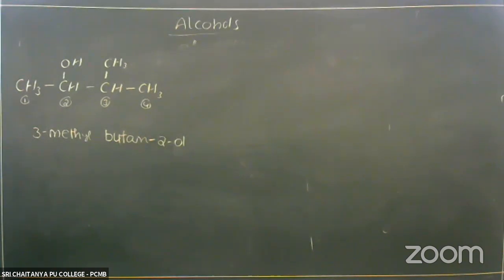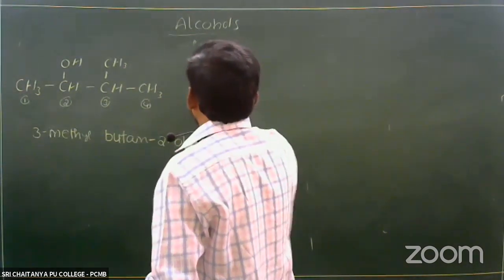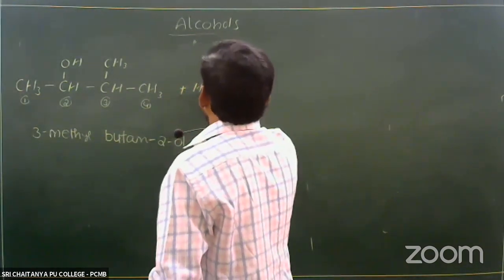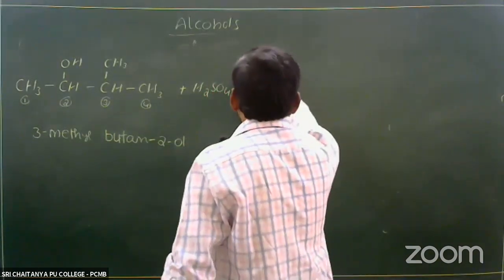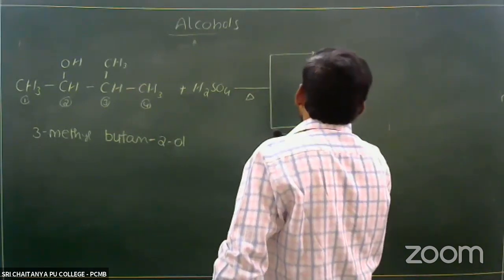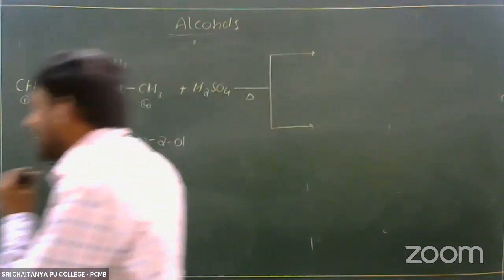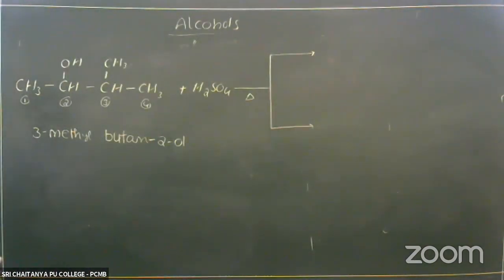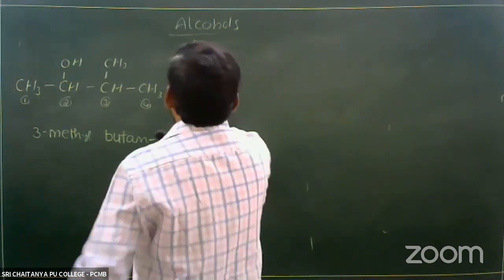So 3-methylbutan-2-ol on heating with sulfuric acid. Here two products are possible. What are the possible products? Sulfuric acid is the dehydrating agent.